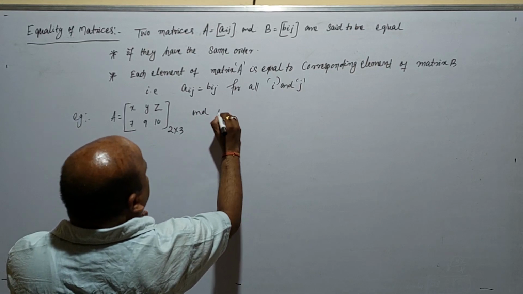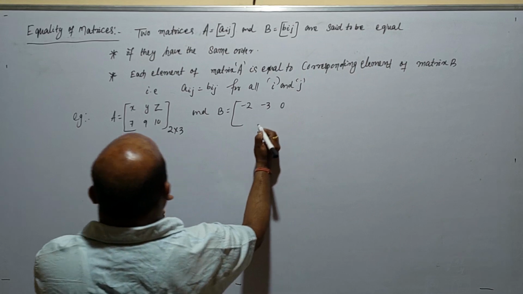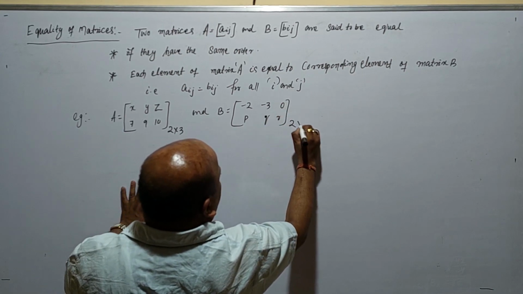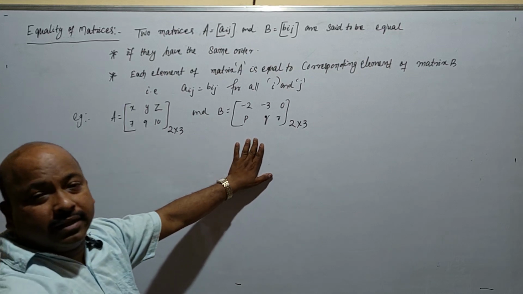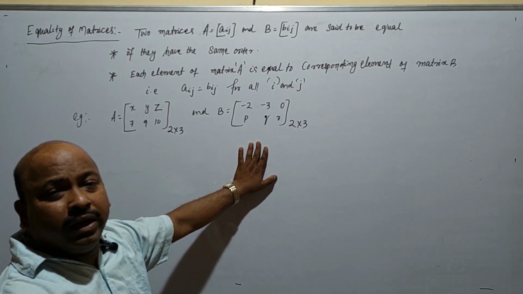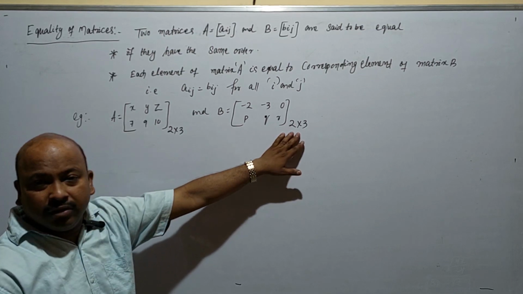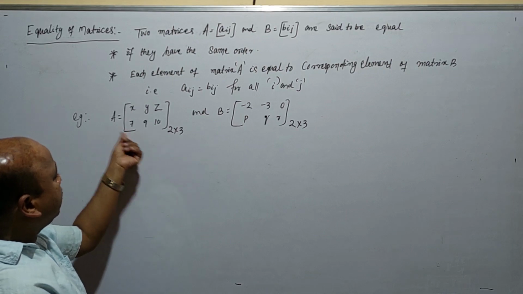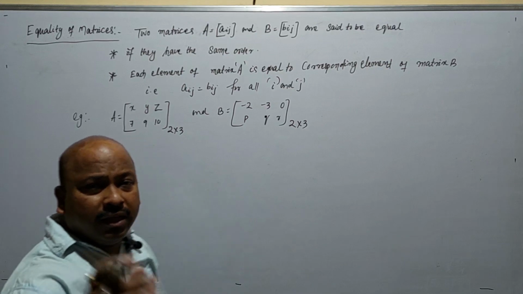And B is the matrix -2, -3, 0, p, q, r, also of the order 2 by 3. They are equal matrices, so they have the same order. Here the order of matrix A is 2 by 3 and also the order of matrix B is 2 by 3.